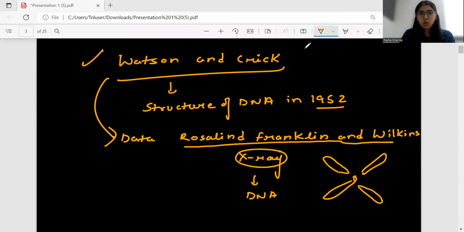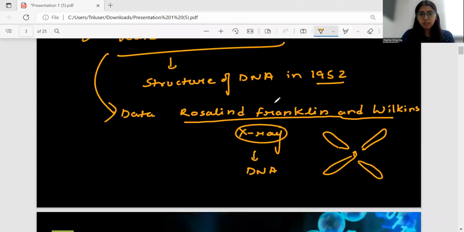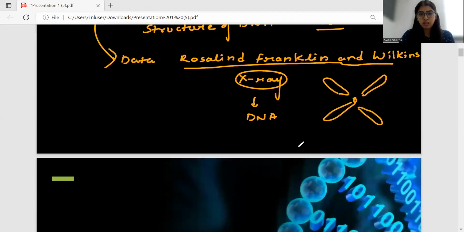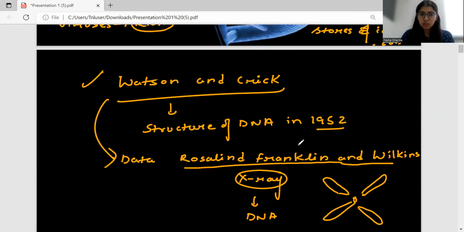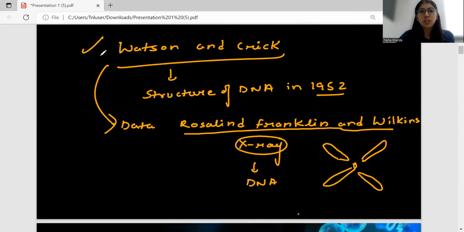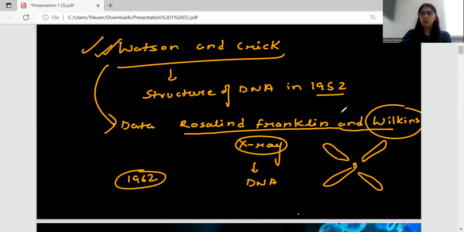Let's study next. Who gave the structure of DNA? Watson and Crick gave the structure of DNA in 1952 using data given by Rosalind Franklin and Wilkins. In 1962, Watson, Crick and Wilkins got the Nobel Prize.